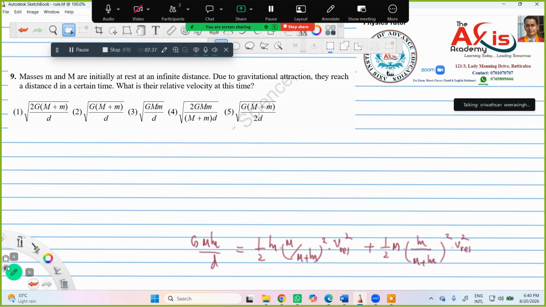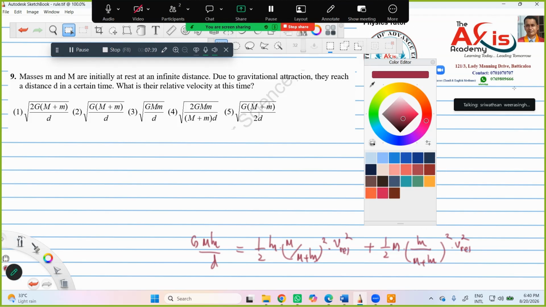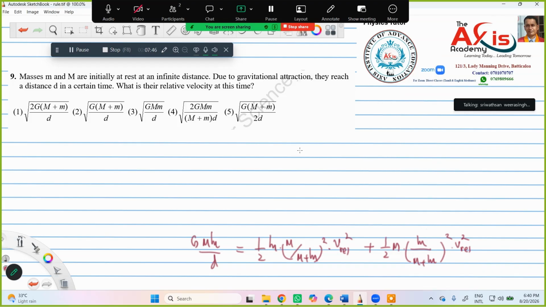If we solve this, we can get the answer. There is no shortcut here.